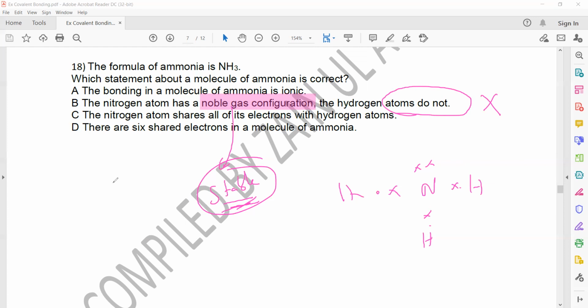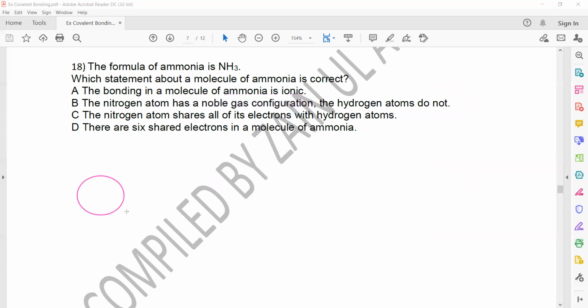How is it stable now? As you can see, hydrogen is having 1 electron in the first shell. So the first shell can maximum have 2. And nitrogen having 5 electrons, so it needs 3 to be stable.